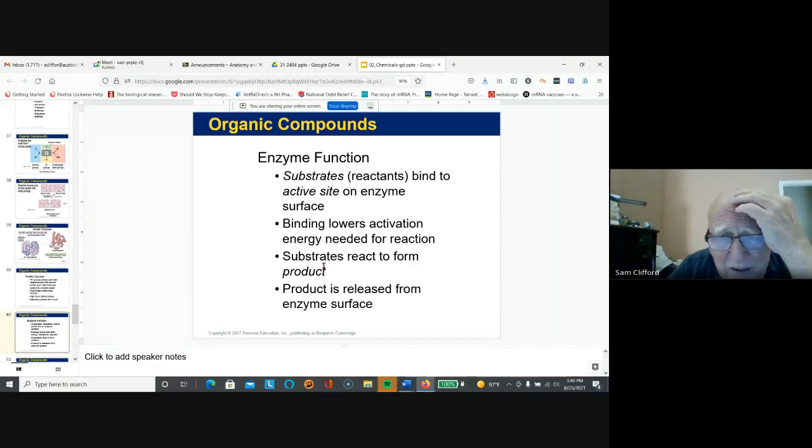The reactants are called the substrates. Once the product is produced, it's released from the enzyme surface and the activation energy has been reduced. So make sure you understand what a substrate is, the product, the binding site, the active site on an enzyme.